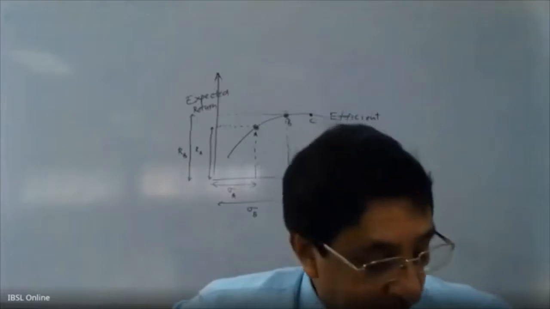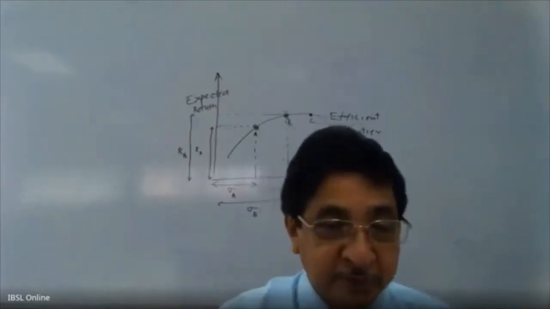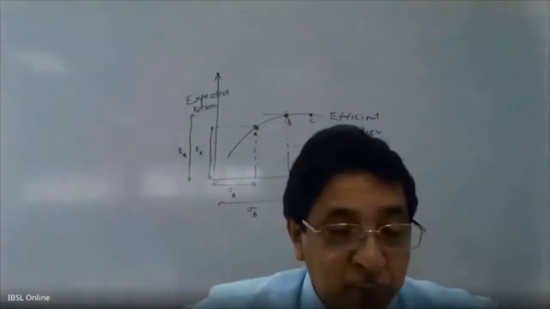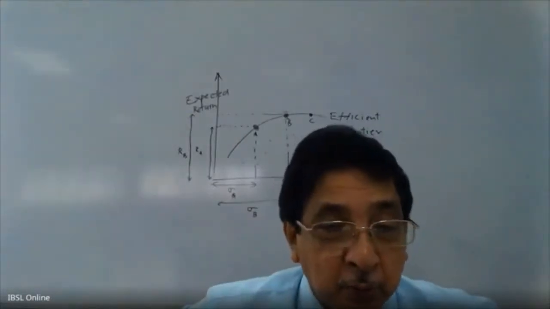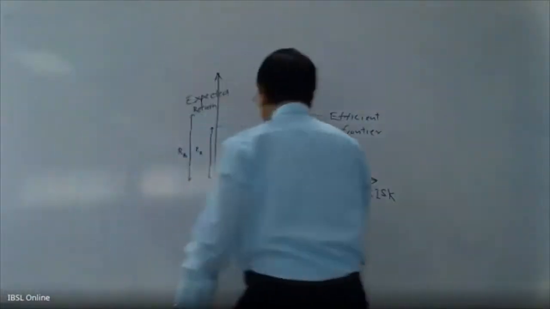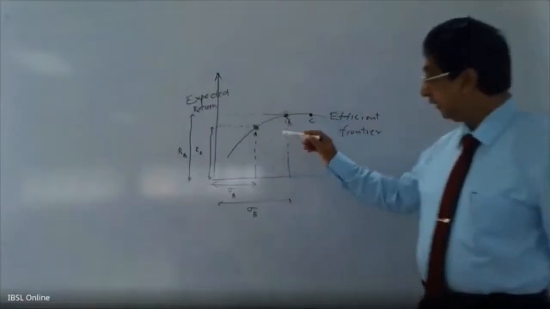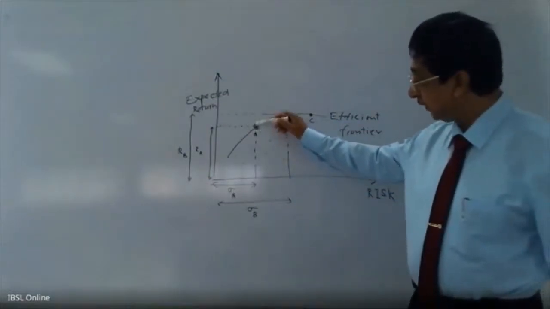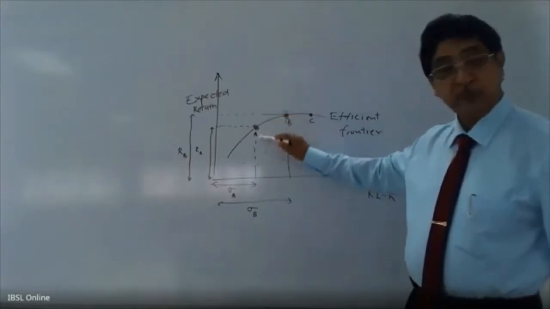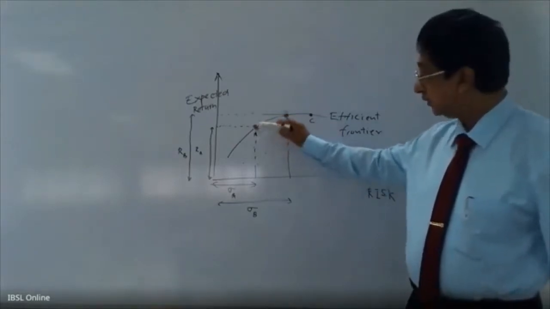Anyway, we have been discussing the efficient frontier and the optimum portfolio. Now, as per the discussion, if you identify a particular point, that point represents a portfolio.